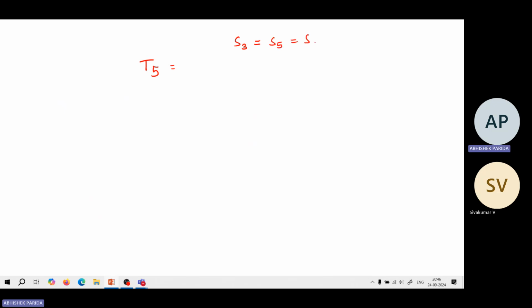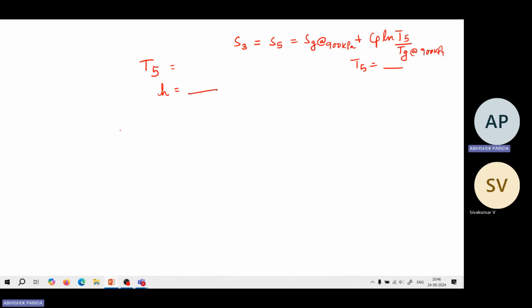And S5 will be nothing but Sg at the highest pressure, I think 900 kilopascal, plus Cp ln(T5 by Tg) at 900 kilopascal. From here you can find out T5. Once T5 is done, then you can find out H5.